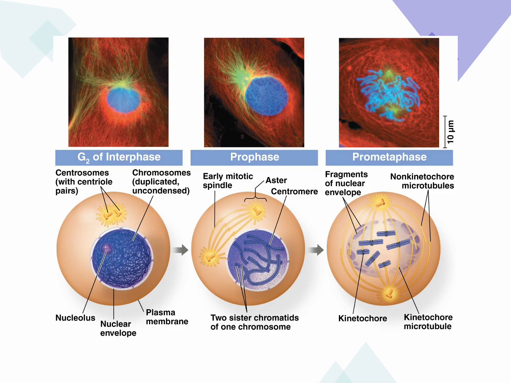And at the same time, you have these centrioles moving out to the poles that are starting to form these long microtubules headed towards the center of the cell, right? So that's called the mitotic spindle. And seeing all these microtubules come out kind of gives it a star shape, so they call this the aster. So think like asteroid, right? So astro. And by the end of prophase, the nuclear envelope is completely gone.